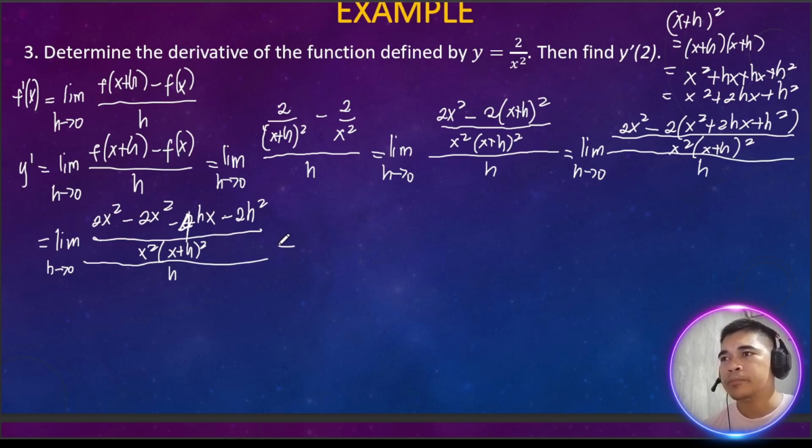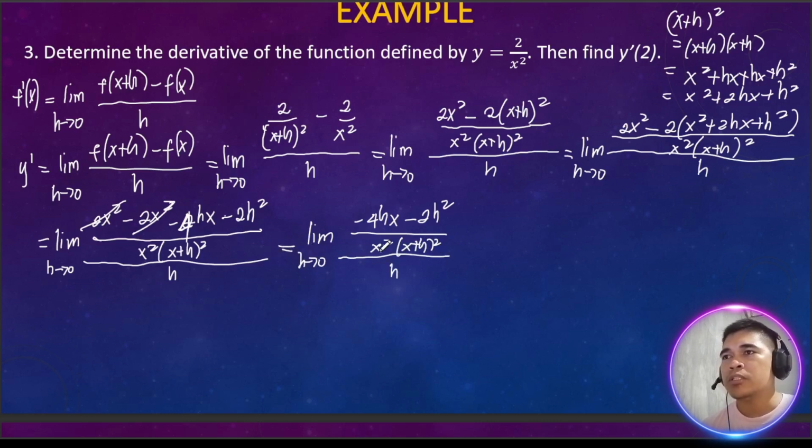Simplify. Here, cancel. 2x squared minus 2x squared, that is 0. So the remaining is limit of negative 4hx minus 2h squared over x squared times the square of x plus h over h as h approaches 0.